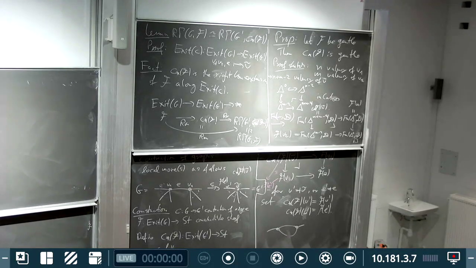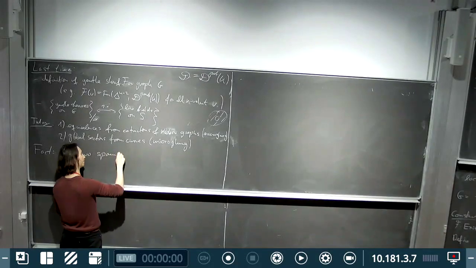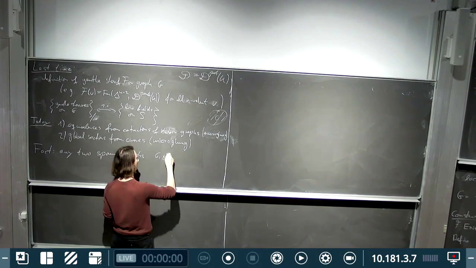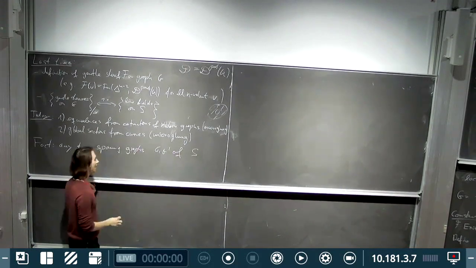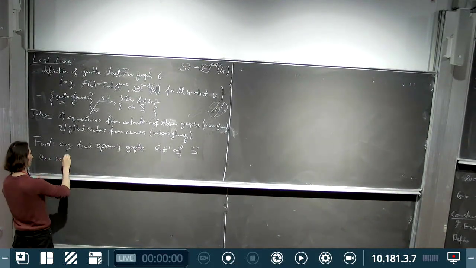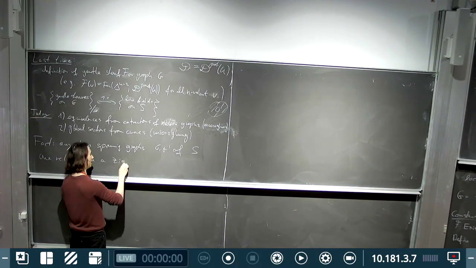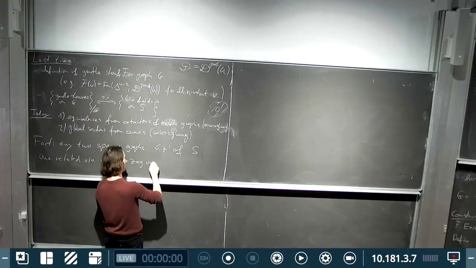Fact: any two spanning graphs G and G prime of our fixed marked surface S are related via a zigzag of contractions.